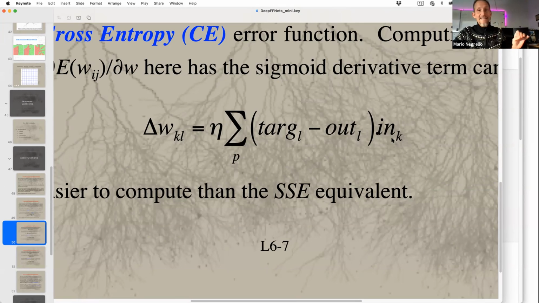So here is the input from that particular unit K to the output unit L. For every single input on the output unit L, you want to change their weights, and you want to change their weights in the opposite direction of the error.